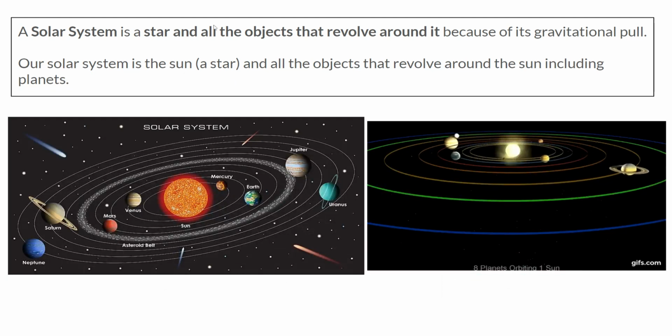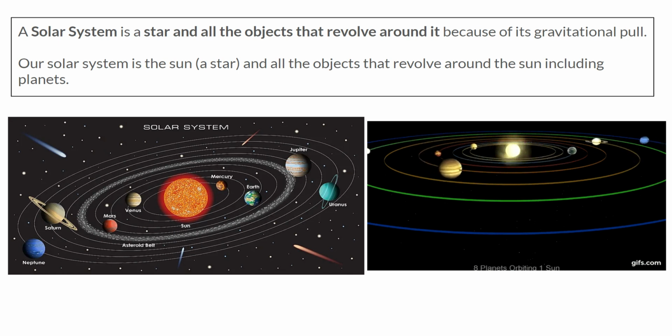So, what is a solar system? A solar system is one star and all the objects that revolve around it because of its gravitational pull. So, our solar system is actually a star, a sun. Remember, the sun is a star, and all the objects that revolve around the sun, and this includes the planets. Although there are many other solar systems in the universe, with their own stars and their own planets revolving around it.